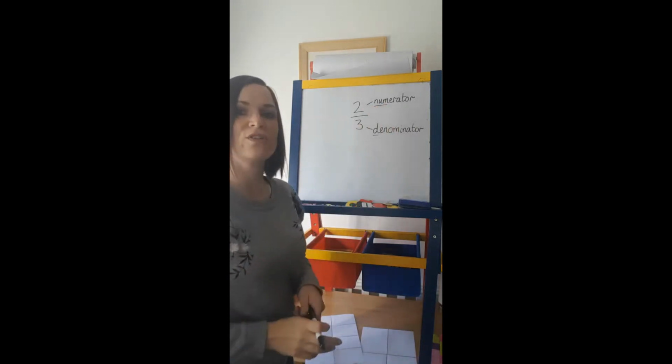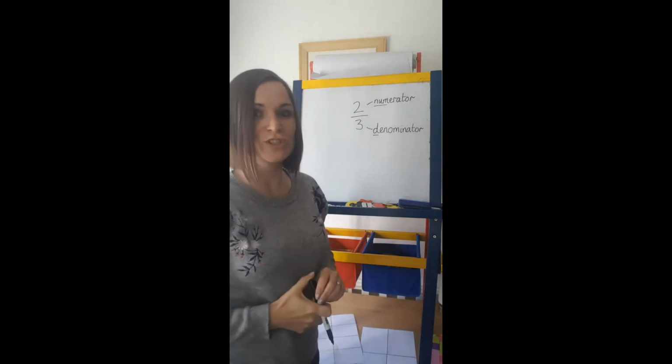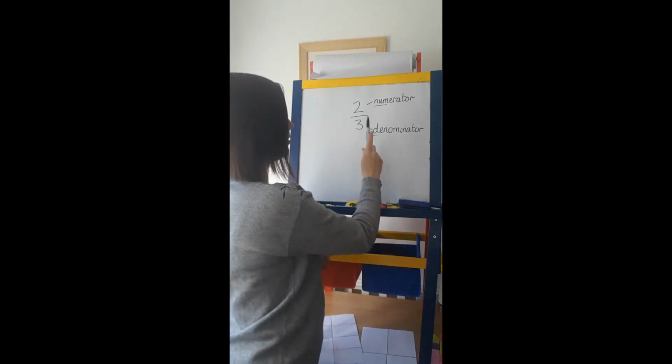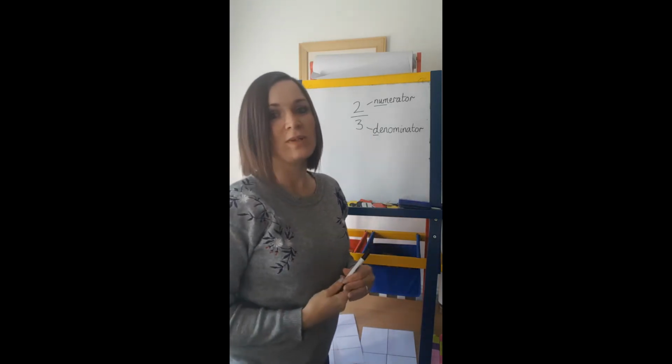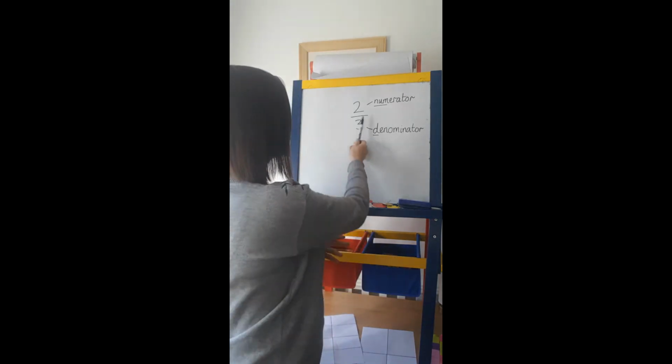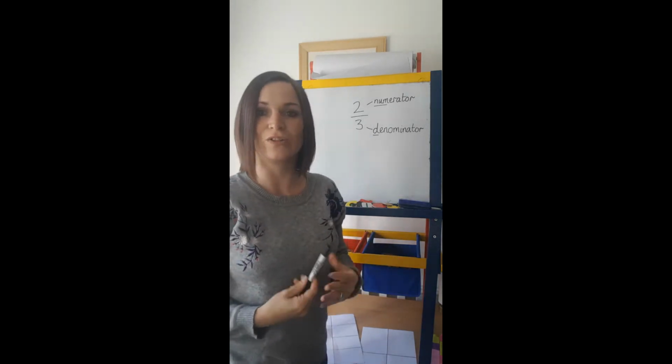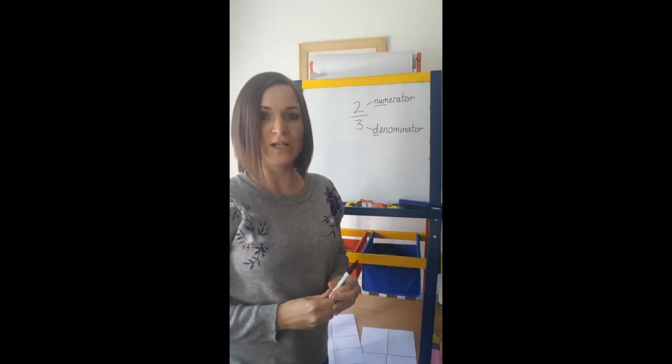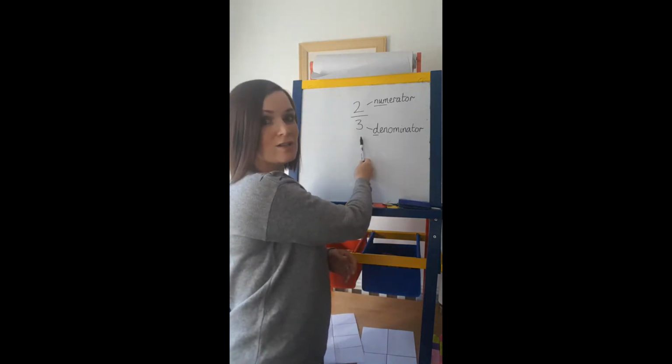I've underlined these parts of the words because this is the way I always try to help children to remember what these mean. The denominator starts with a D, so it means divide or split or share. So when you look at your bottom number, this is what you're splitting, dividing, sharing your whole number into. You're sharing it into 3 parts.